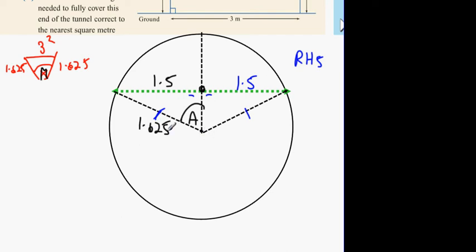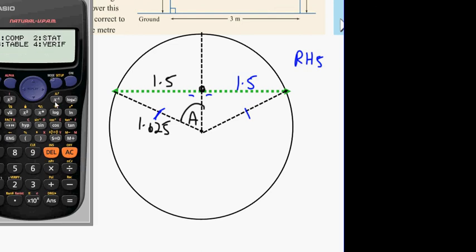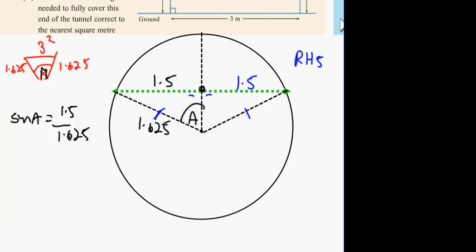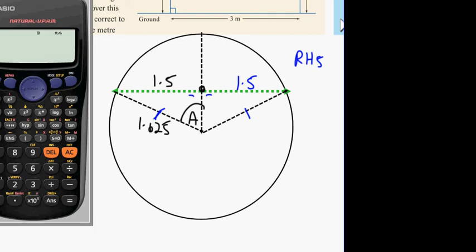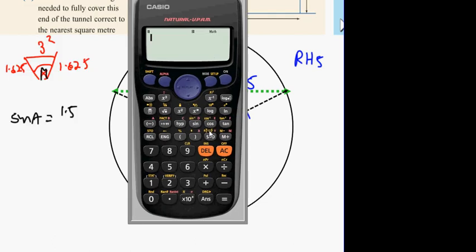So what Connor-Whelan would have asked me to do would be to use sine A equals 1.5 over 1.625. We're going to sine inverse that. So we're going to, first of all, go back on your regular mode. Make sure you're in degrees. Last thing you want to do come leaving cert time. Sine inverse 1.5 divided by 1.625. Then we get 67.38.